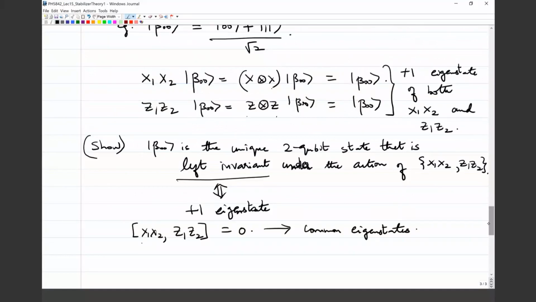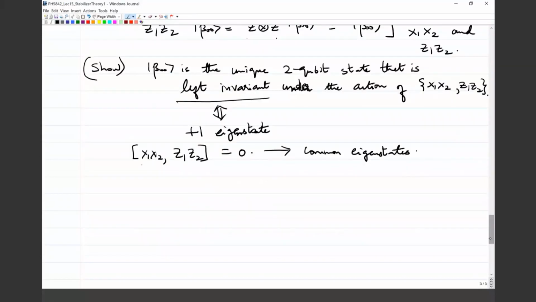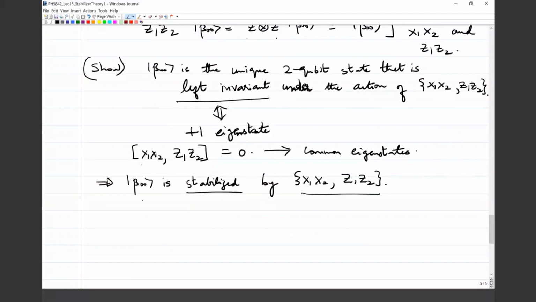So we say that the state beta 0, 0 is stabilized by x1, x2, z1, z2. So this is the idea of associating operators with a state via the fact that this is a state that is left invariant under the action of a certain set of operators.